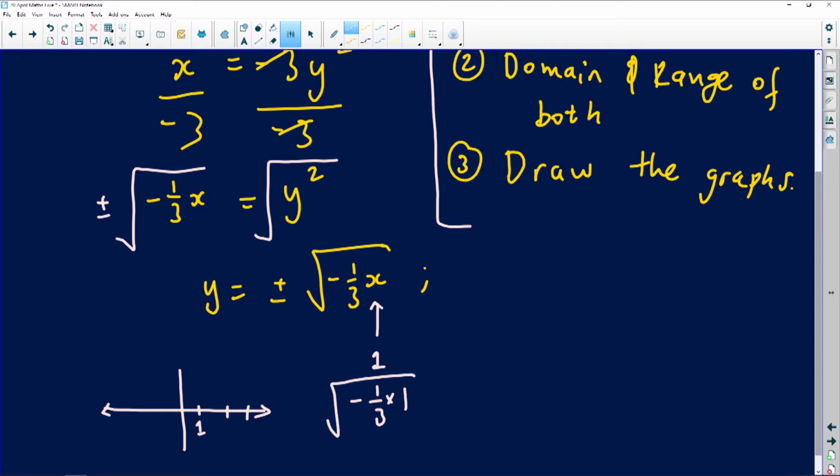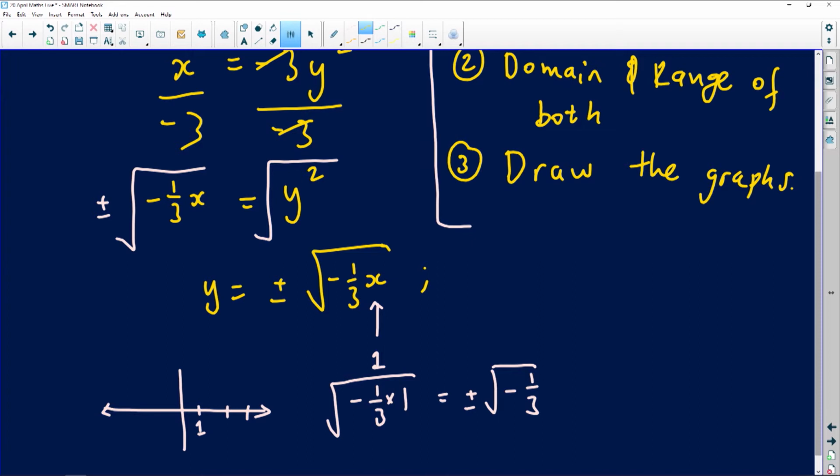And you should see that we've got a problem now, because you're going to have plus minus the square root of negative 1 over 3. And we know that the square roots of negative values produce things that are non-real. And in the context of our high school work, we don't want to work with graphs that have non-real values, which means we're not discussing complex numbers. We're only interested in real values.